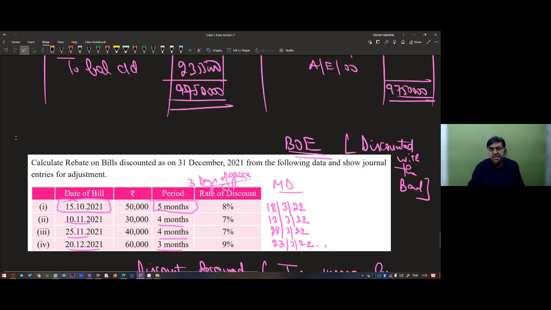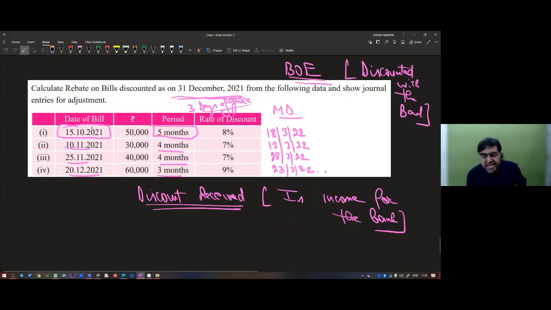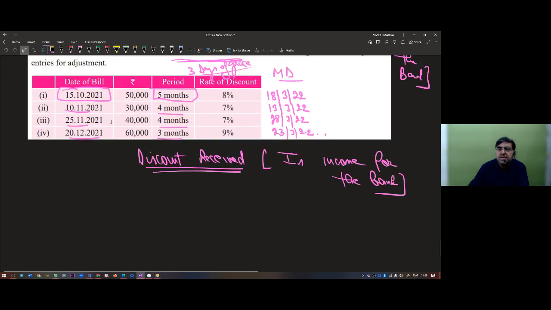Now the year ending for the bank is December, and the bank has earned the interest. Is it interest earned or unearned? Let me tell you. From 1st January onwards, the interest income is unearned.